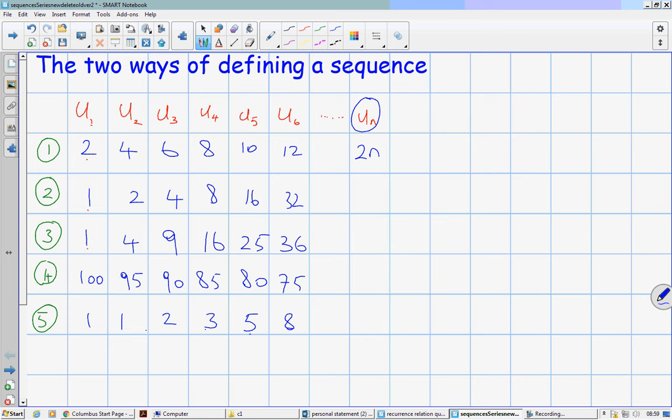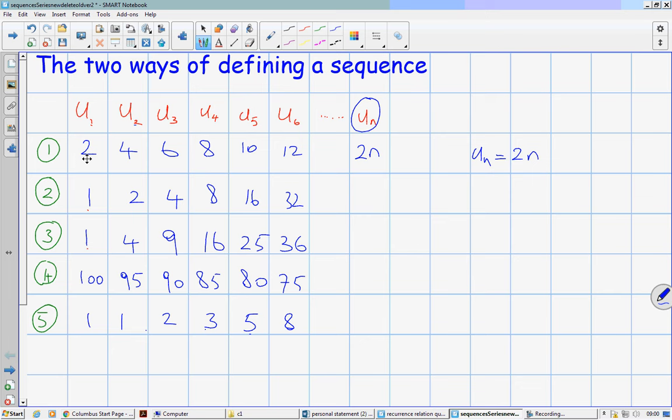So you can see how powerful this is, although you might think it's reasonably simple. It means that we've got a way of writing the second term without just writing out the words second term. And then we can see this number here represents the position it is in the term. So that's 4, for example, for the second term. So our formula is simply Un equals 2n. That's my nth term formula.